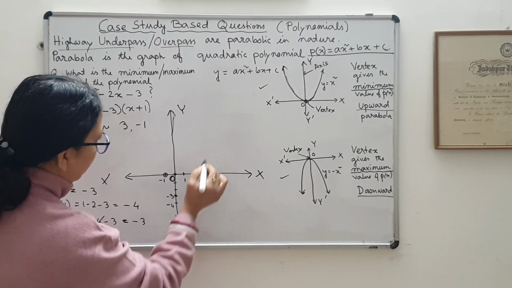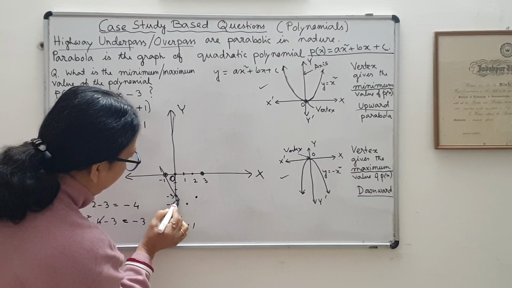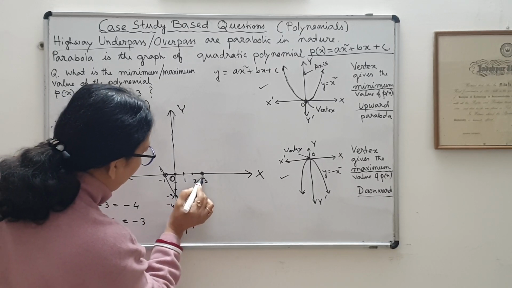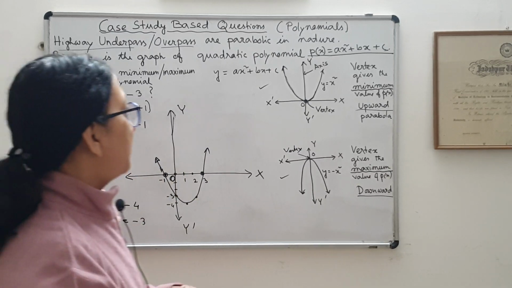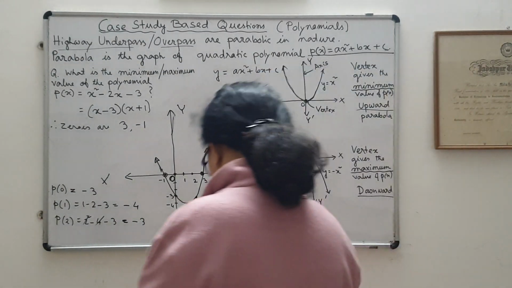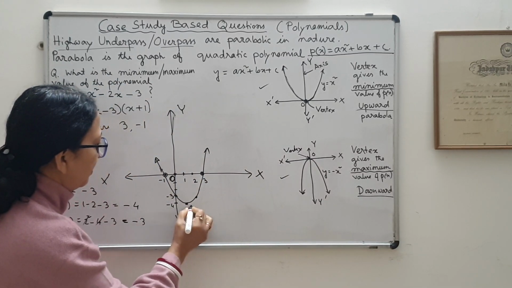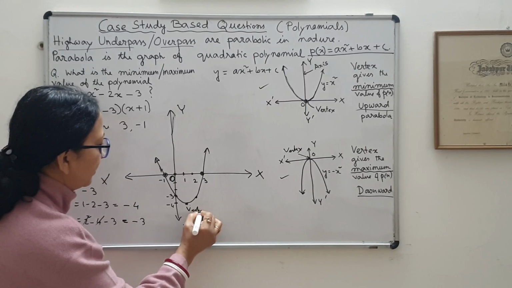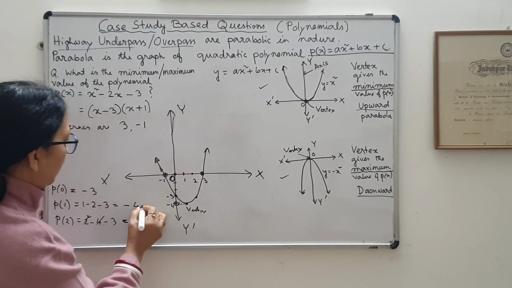So the parabola I can see. As expected, the parabola is upward, so we will get the minimum value, and this minimum value is the vertex value. This is minus 4, this is the minimum value. This is the vertex, which corresponds to minus 4.